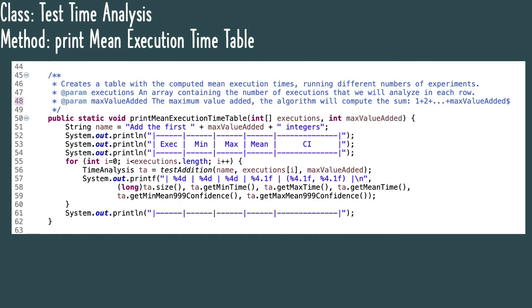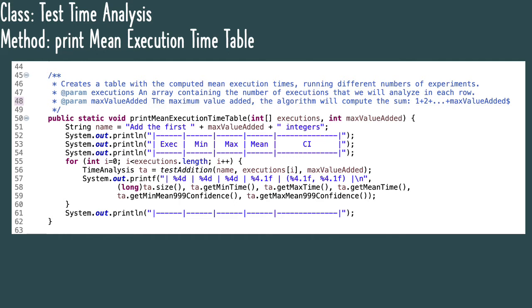So in the table, we'll have the sample size, so the number of executions that we use, then we'll put the minimum execution time in this sample, the maximum execution time in this sample, and the mean execution time, the value that we are interested in.